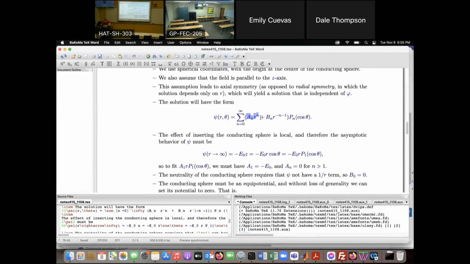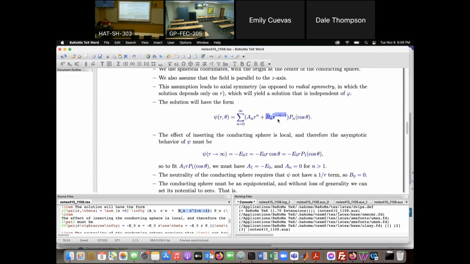So these terms will not apply. We have only these. If we're trying to solve for electrostatic potential inside a certain sphere, then you would only have these terms.